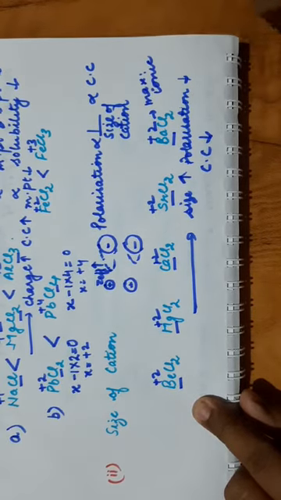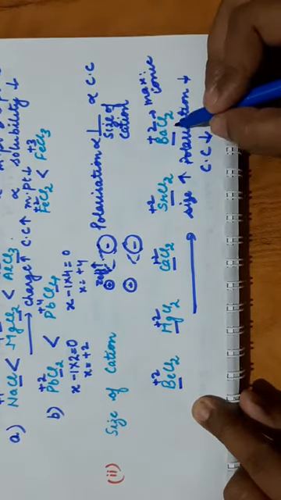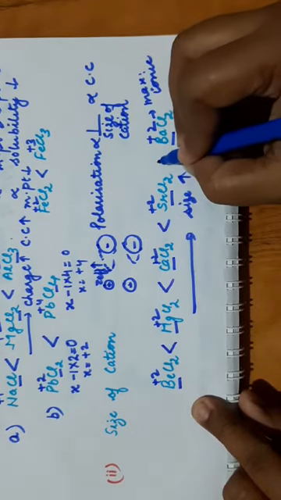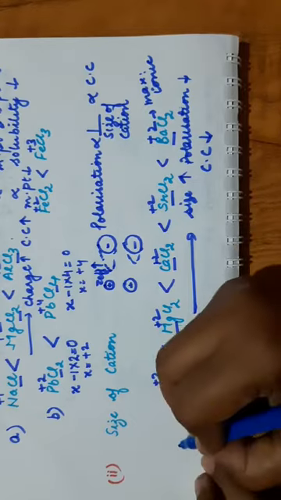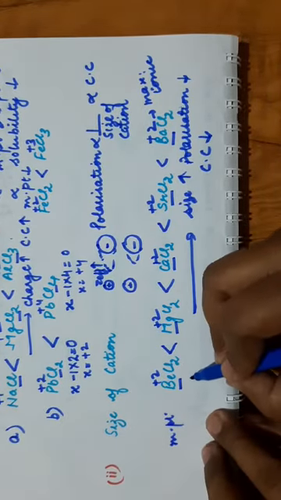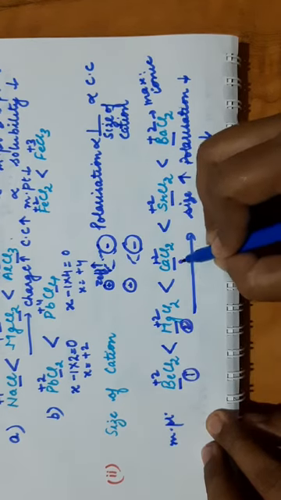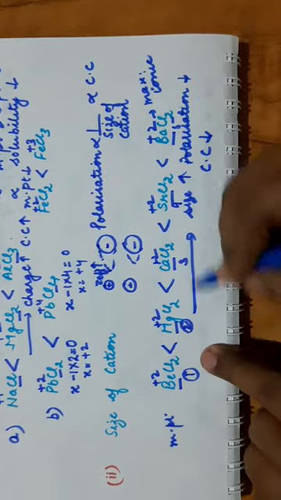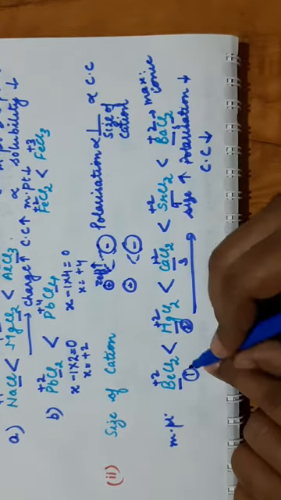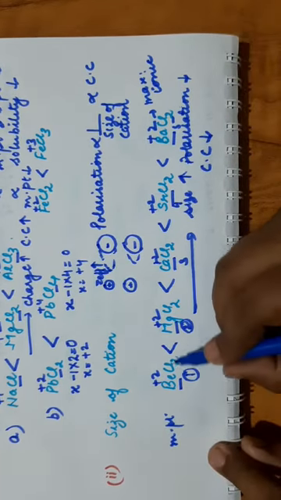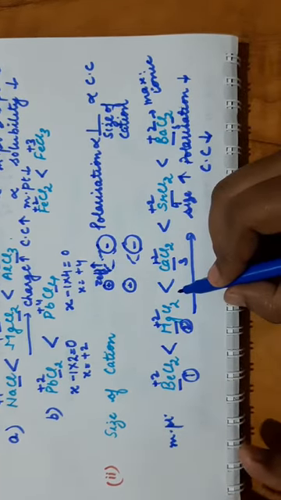Maximum ionic nature means its melting and boiling point will be high. So this will be the order of melting and boiling point. If we discuss about covalent character, it will be maximum in this, then 2, 3, 4 and 5. So covalent character will decrease in this order, melting point will increase in this order. So we have arranged here on the basis of melting point.